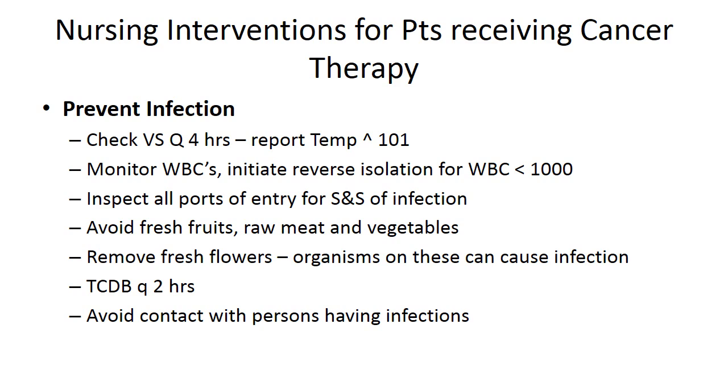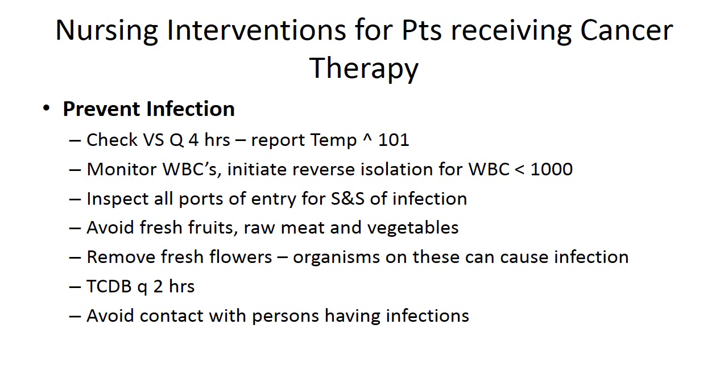So it's important to avoid all of those things. Fresh flowers are also removed from the rooms of patients that are neutropenic or need reverse isolation due to low white blood cell counts, because there are organisms on fresh flowers that could cause infection for these patients.